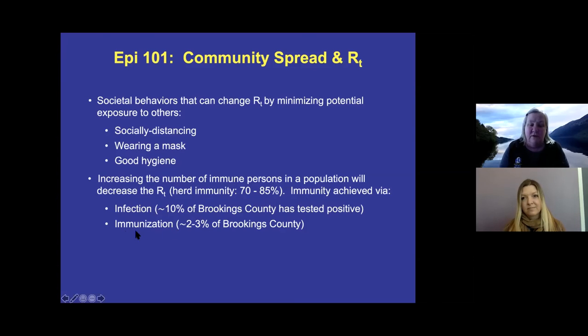And you can also get it through immunizations, which just started last week. We already have 2 to 3% of Brookings County residents that have been immunized. So this is really the best way to get that immunity.